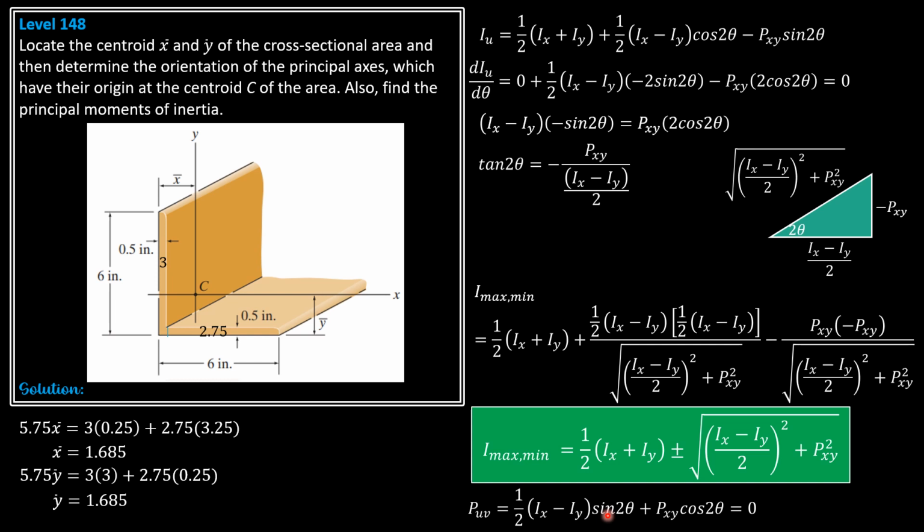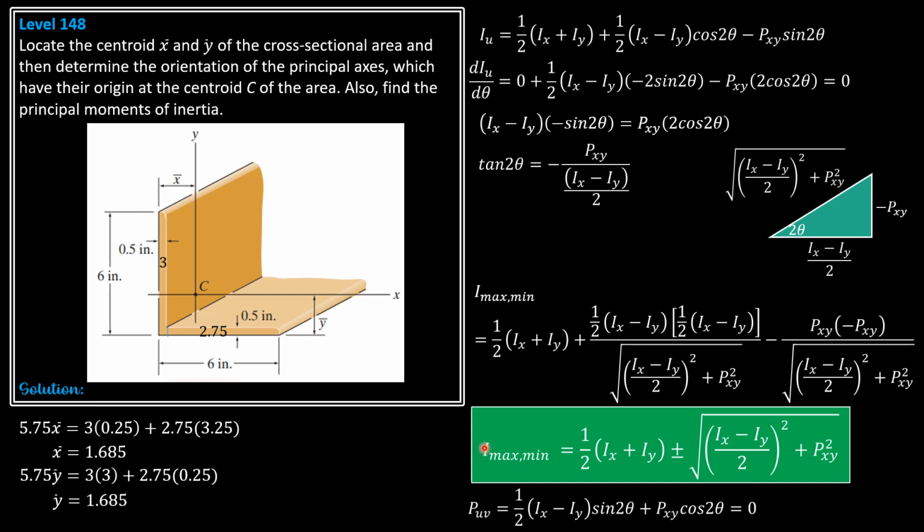Because if you substitute sine 2 theta, which is negative Pxy over the square root of the quantity Ix minus Iy over 2 squared plus Pxy squared, then plus Pxy cosine 2 theta, which is Ix minus Iy over 2 divided by the same square root, they are the same terms. The first term is negative, the second term is positive, and they are like terms. That's why the result is 0.